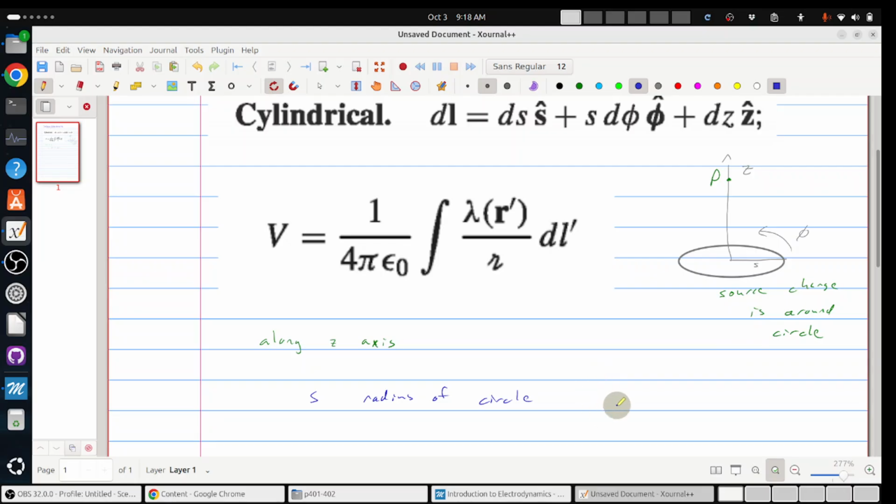You might have specific problems where they say something like a circle of radius a and a height of distance b, but those are just variable names. We're just going to leave it with the generic s and z.